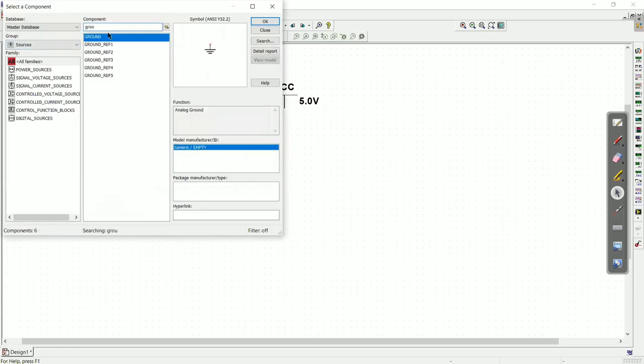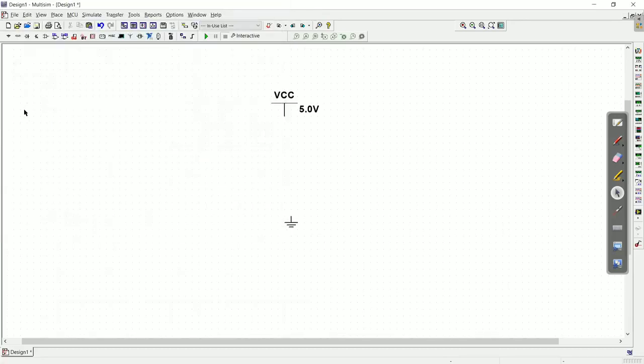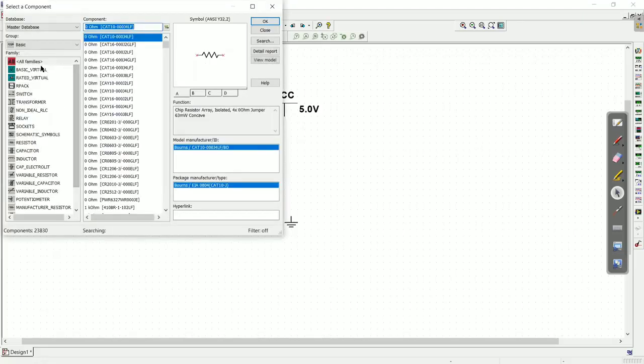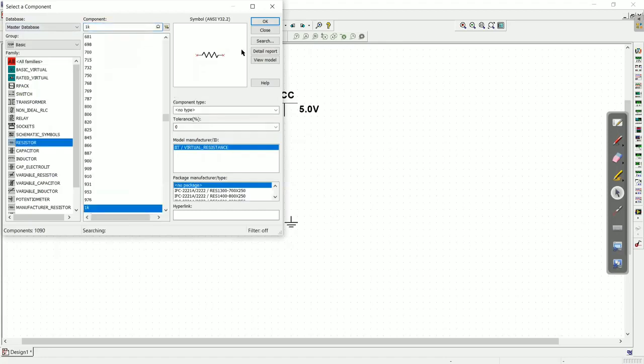Next, we need resistors, under place basic.